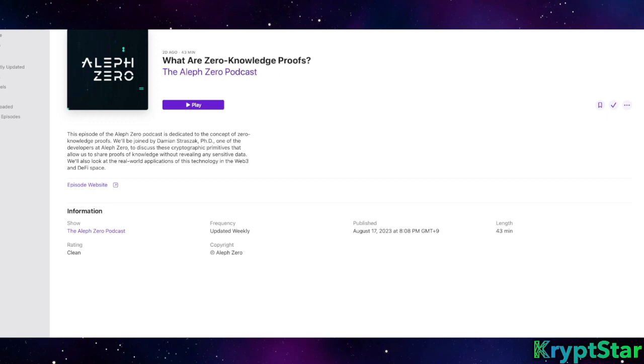ZKPs will not hide everything. It's still clear that something is happening on chain. Someone is making a transaction, and often it's clear which transaction it is. But what is not possible to see is who is making this transaction and maybe the details of the transaction, right? And in particular, it's not possible to link different transactions of the same user.